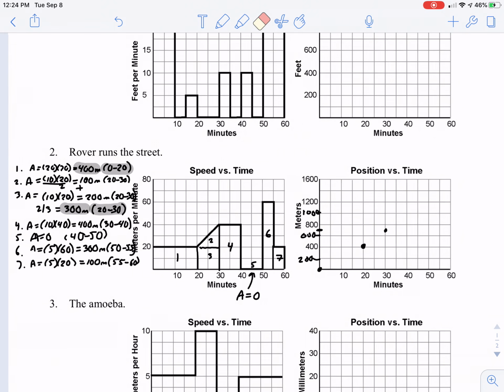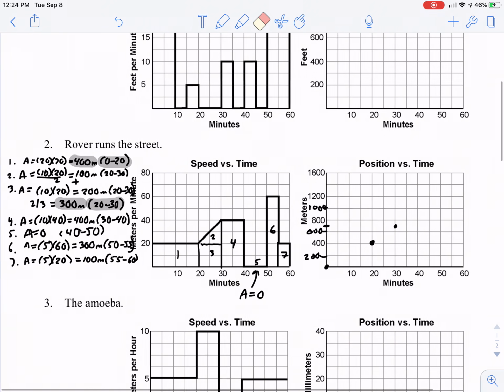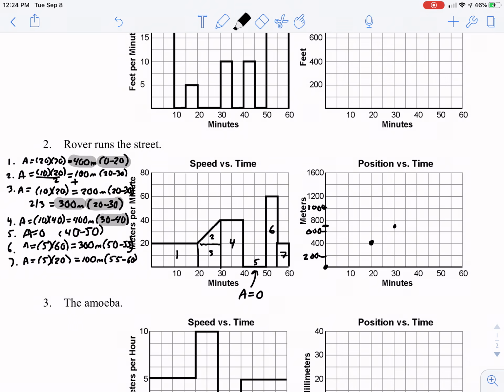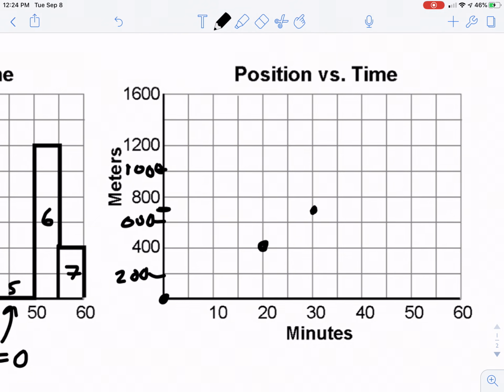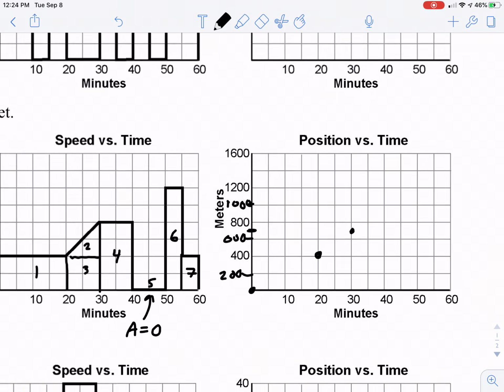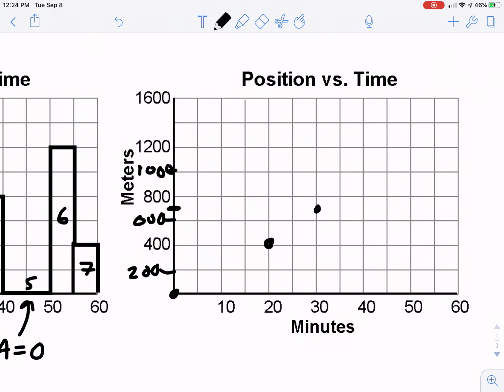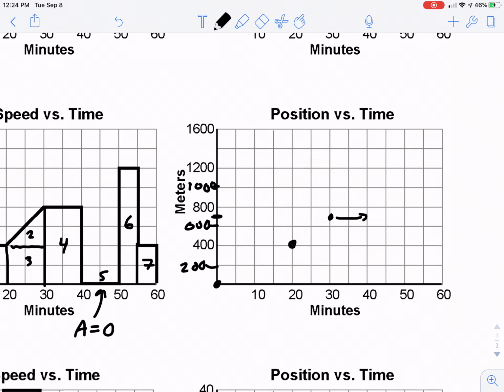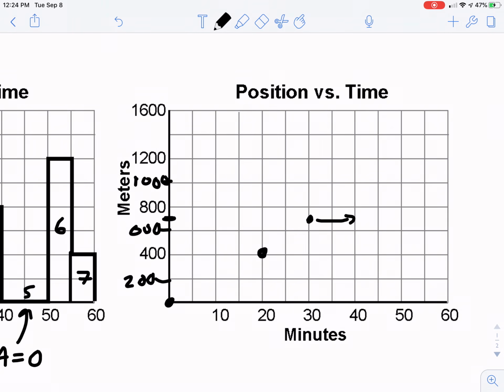Now, we keep going, and the next time interval is from 30 to 40 minutes, and we're going 400 more meters up. Okay, so from 30 to 40 minutes, we're going 10 more minutes over, and we're going 400 more up. So 700 plus the 400 puts us at 1,100, which is right here.